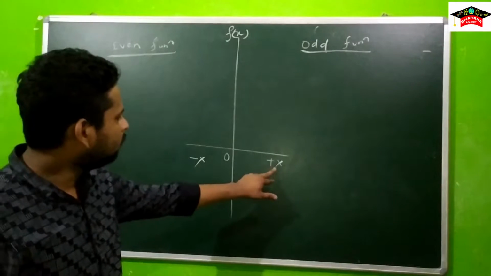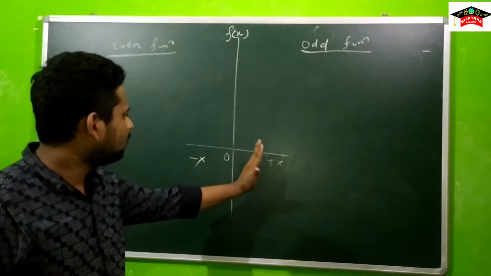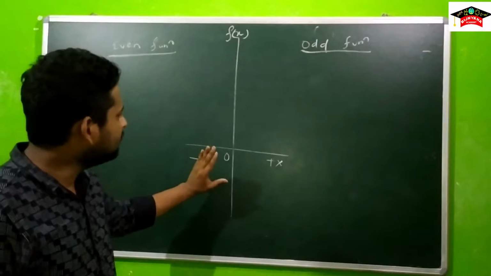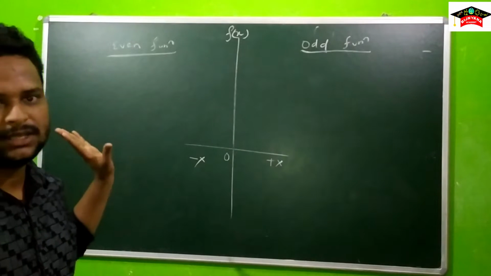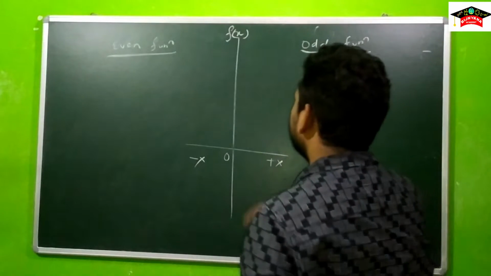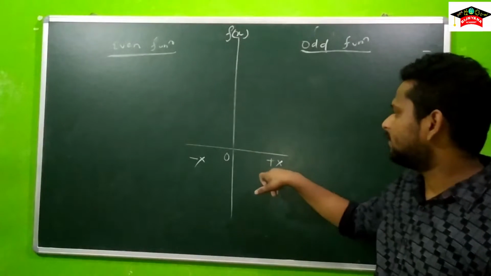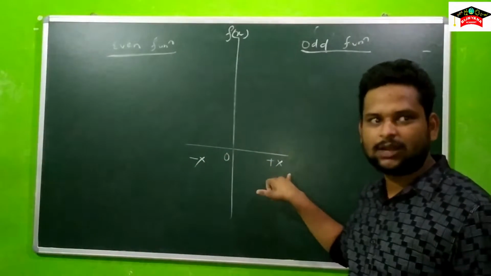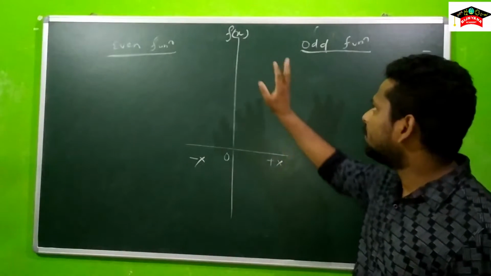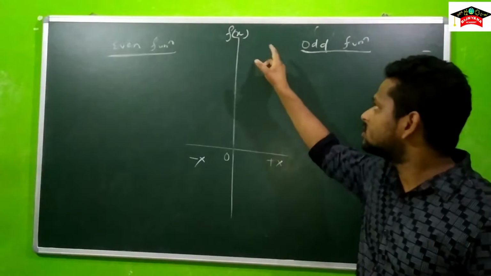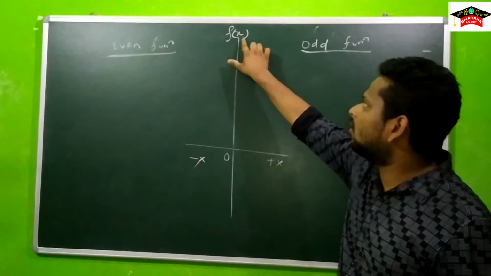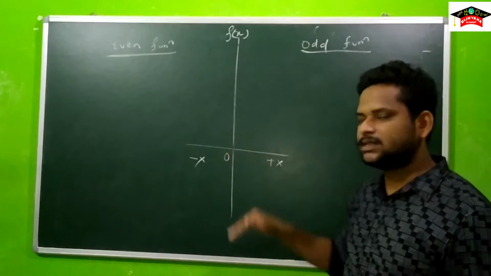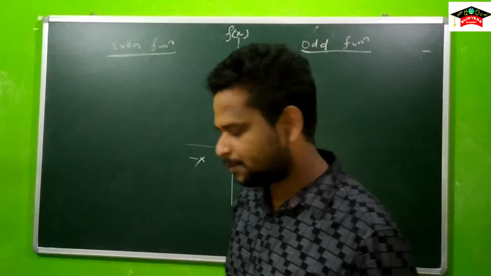So when the variable is reflected about the origin to its opposite side, we will see how the function changes, because f of x depends on x. If x changes to minus x or minus x changes to plus x, that means a reflection, then f of x will also change because it is dependent on x. So if x changes, f of x will automatically change.